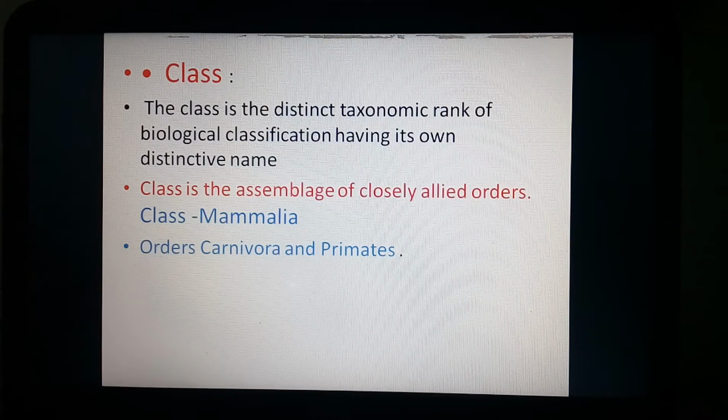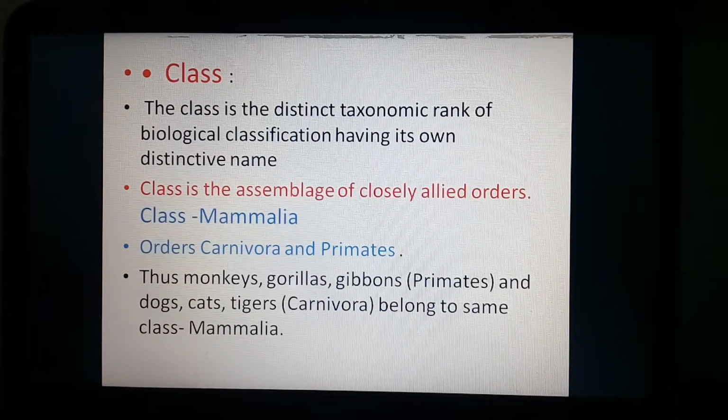And in primates, you can take the old world monkey, new world monkey, hominoid, which means human beings also. Thus monkey, gorilla, gibbons all belong to the primates, and dog, cat, tiger belong to Carnivora. Primates and Carnivora belong to class Mammalia.